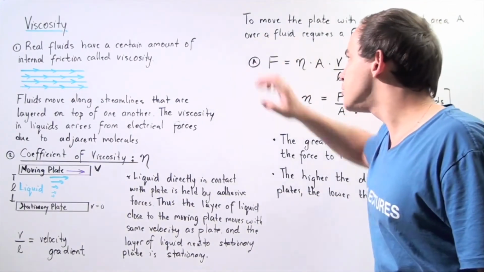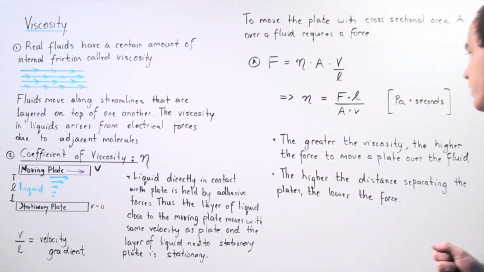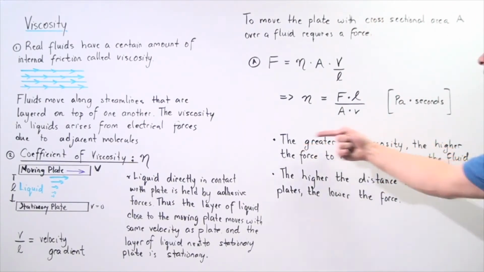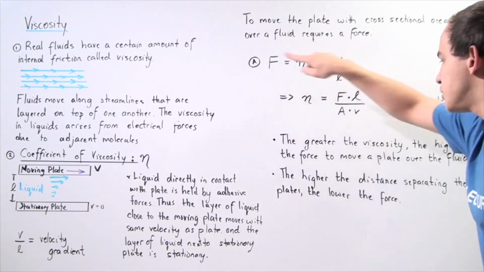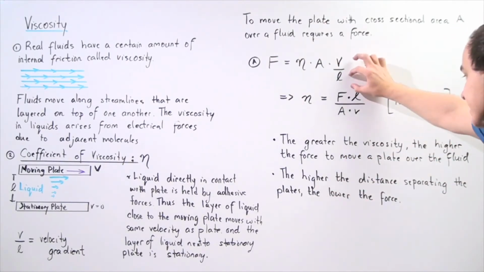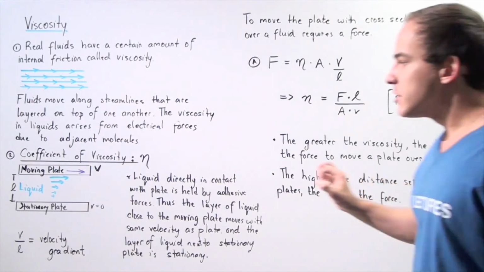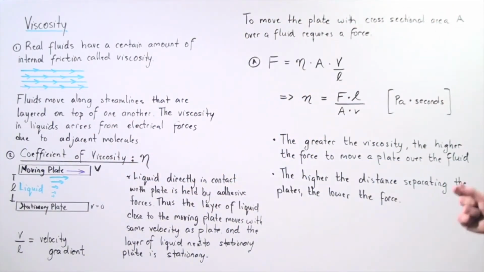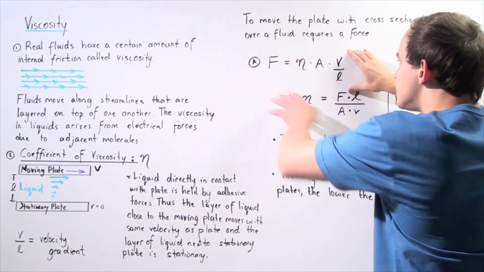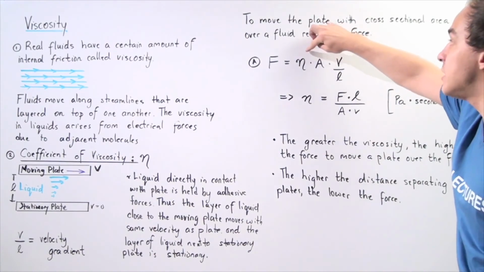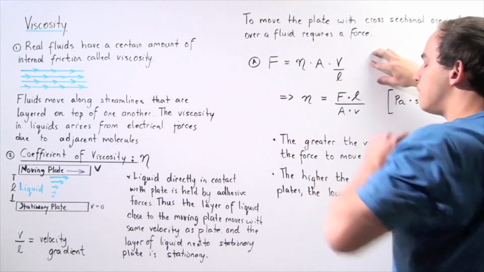From this equation, which is derived experimentally, we see that the greater the viscosity of the fluid, the higher the force required to move the plate over that fluid with a certain cross-sectional area A. And we also see from this equation that the higher the distance separating our two plates, the stationary plate and the moving plate, the lower the force. So the higher this quantity, the lower the force is. The higher this other quantity is, the higher our force is.